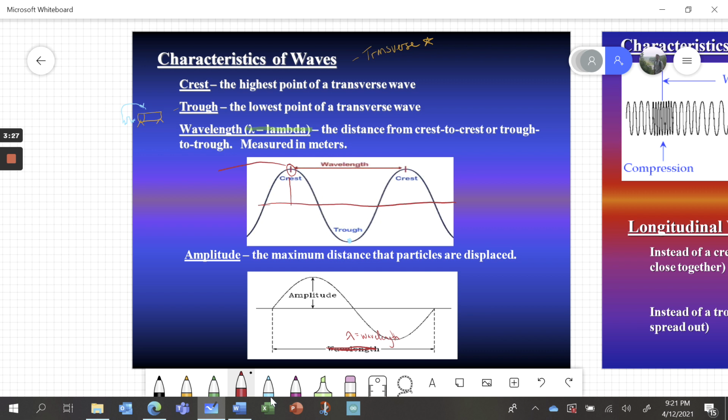So if you think about this little green dot here as a water molecule, it goes from here down to this point where the trough is. That is being displaced. It goes from this center red line down to the bottom. So the crests and the troughs are wave fronts, and they are the areas with the most energy.